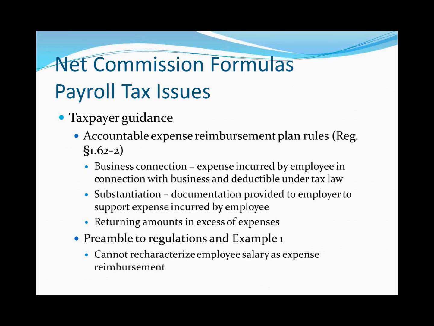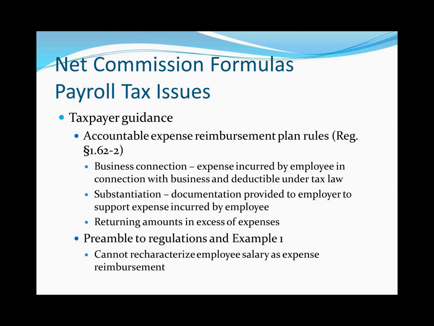So that's the accountable expense reimbursement plan rules. The preamble to these regulations and example 1 of these regulations hit on one of the potential issues with the net commission formula. The example demonstrates an employee that earns $200 a day, and that's the employee's salary.